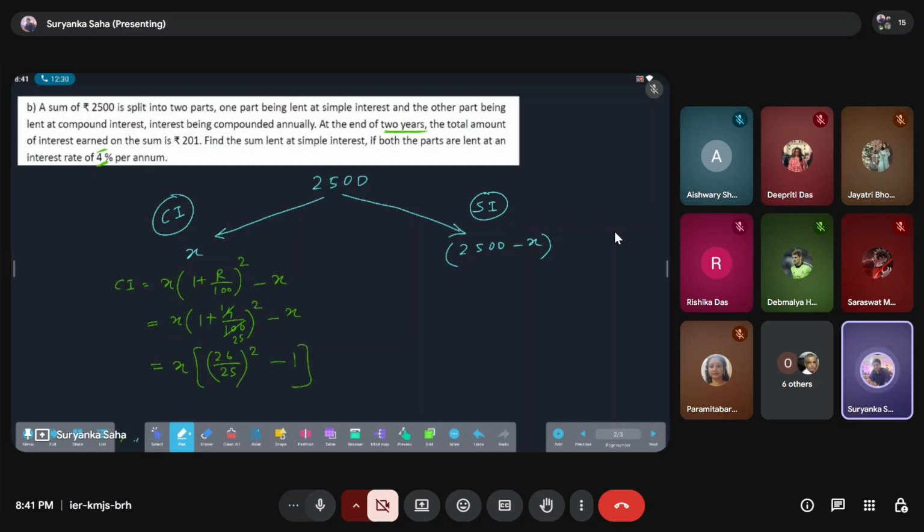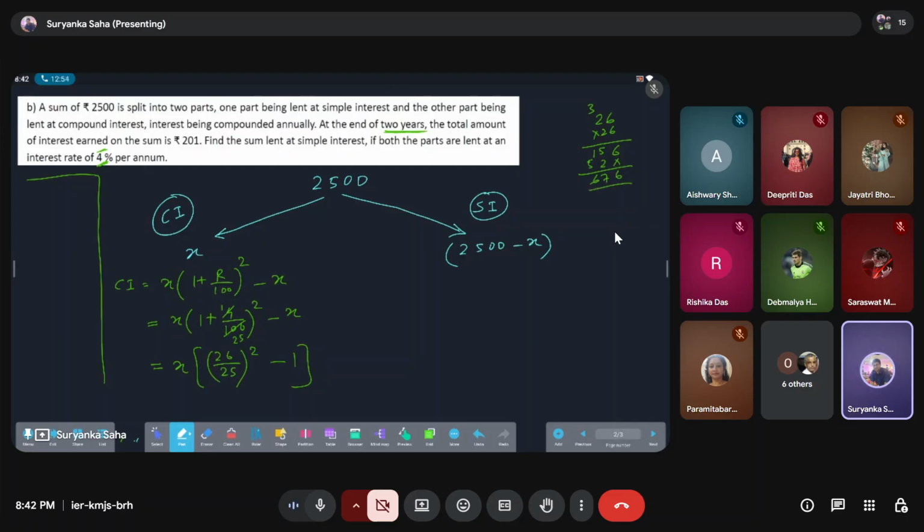Okay, I will proceed further. Here I will write. So 26 square will be how much? 26 square, let me do. 676. Yes, 26 into 26. So 6, 7, 6, 676.